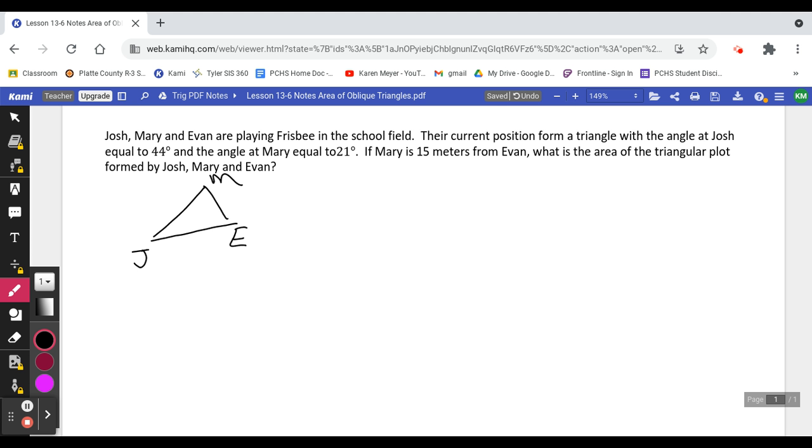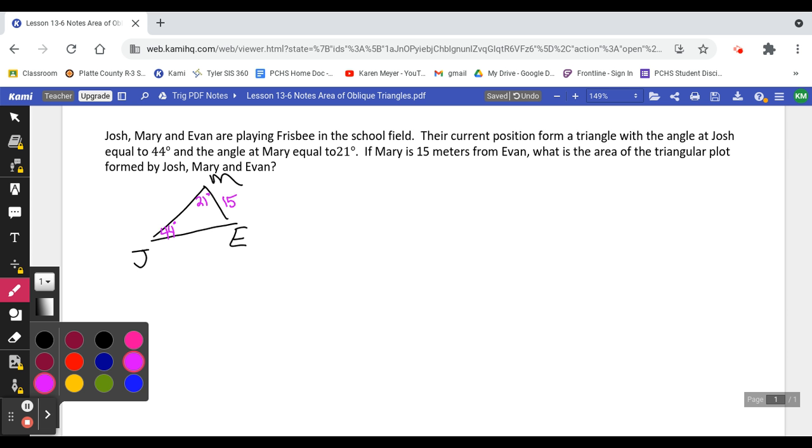It says the angle with Josh is 44 degrees, so by J, put in 44. Mary's angle is 21. Put that in. And then Mary is 15 meters from Evan, so between M and E, that side is 15. Now, what is the area of the triangle formed by these three people?